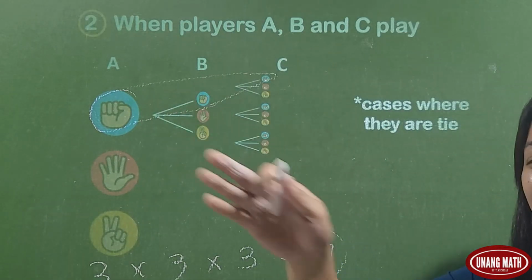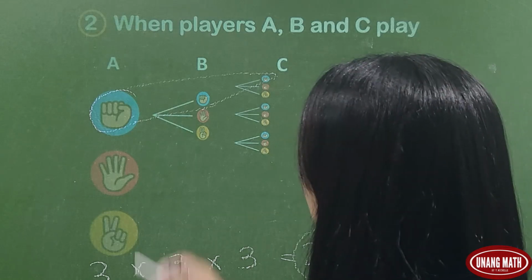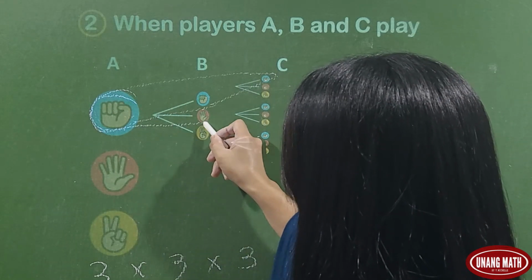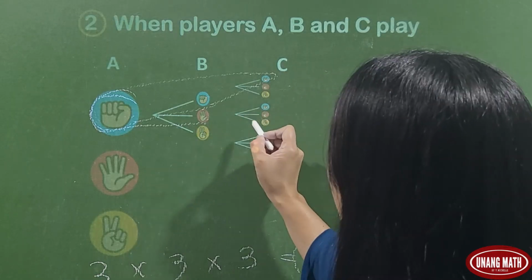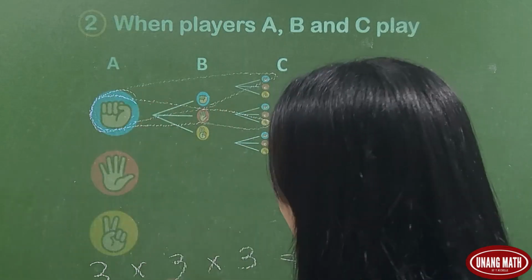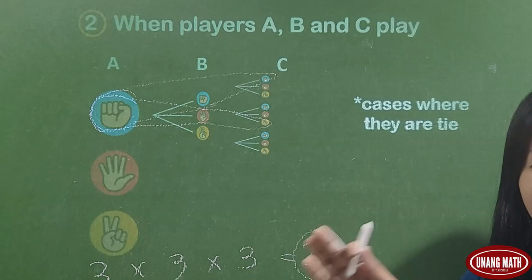So, in this case, these 3 are tie. Or player A shows rock, player B shows paper, player C shows scissors.